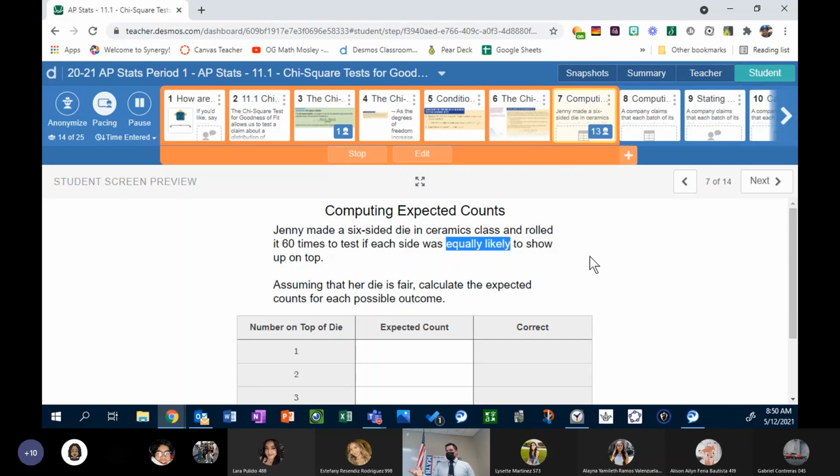We could theoretically have a die that is not fair, that has a weight on one side of it, and that's going to cause the opposite side to show up on top more times than the rest. All right, it would be unfair. Right? And we have our expected count to test against the dice being fair, which says each side should be equally likely, which means there's a 1 in 6 chance, 1/6 probability of each side landing on top.